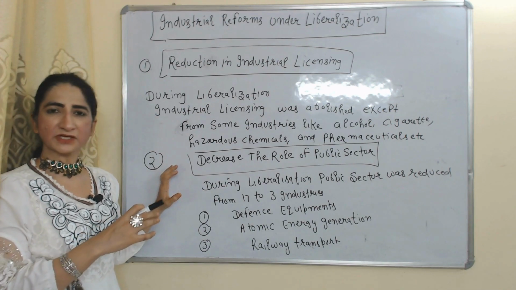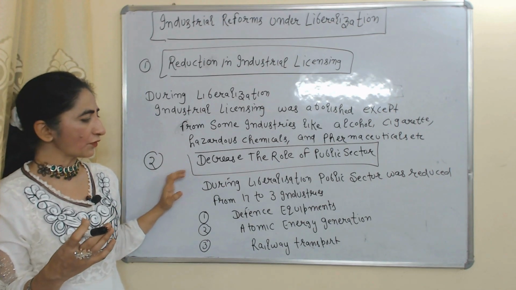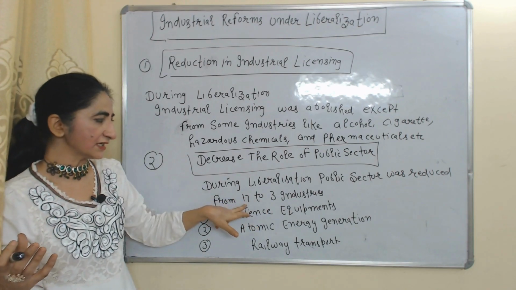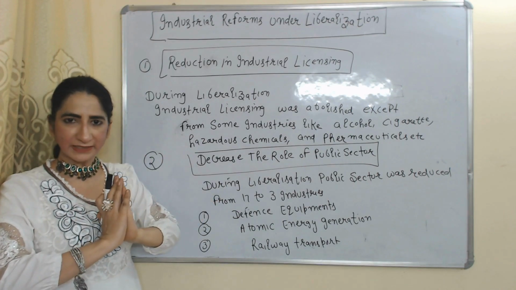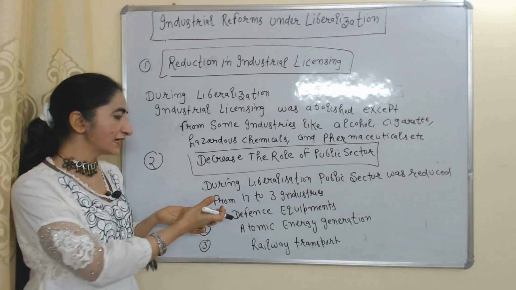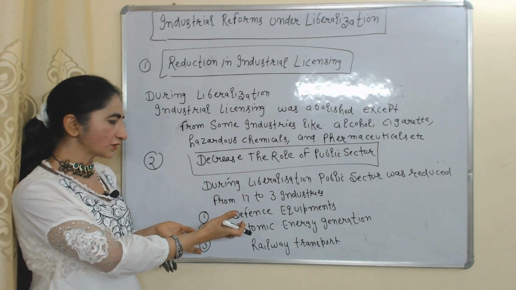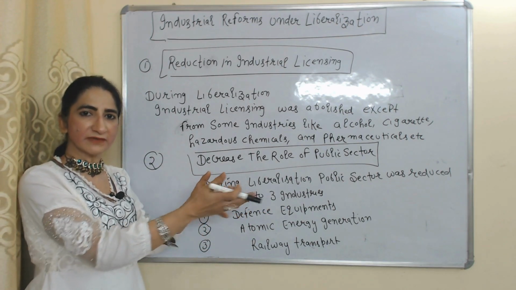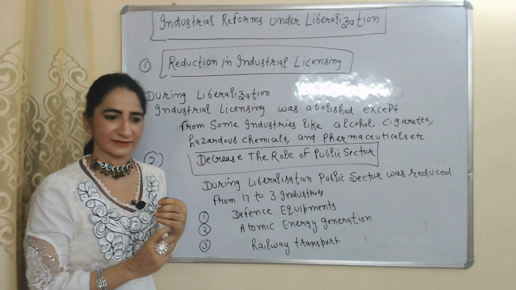During liberalization, public sector industries were reduced from 17 to 3. Means before liberalization, 17 industries were working under the public sector. Now only 3 industries are working under the public sector: defense equipment, atomic energy generation, and railway transport. Now the government is giving this opportunity to the private sector.